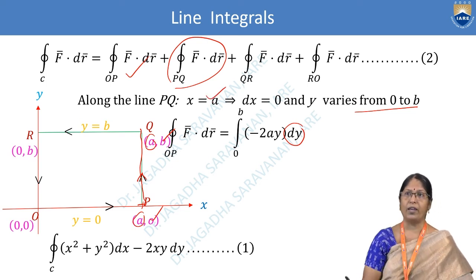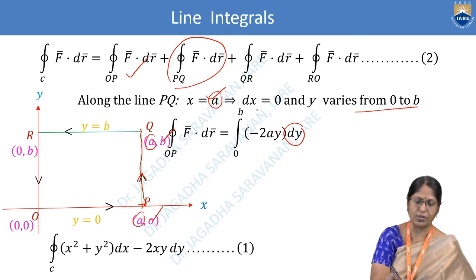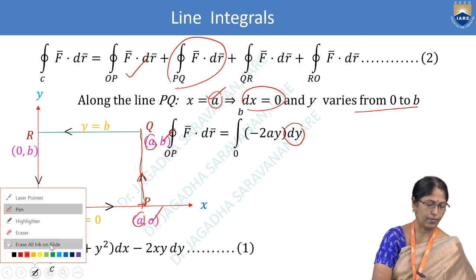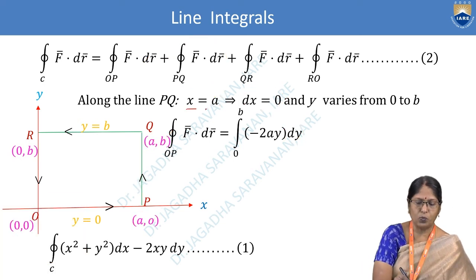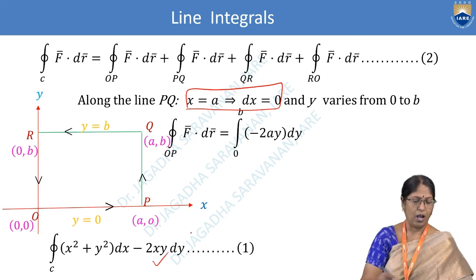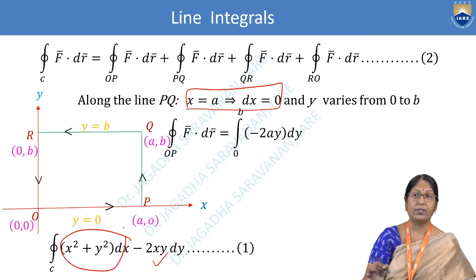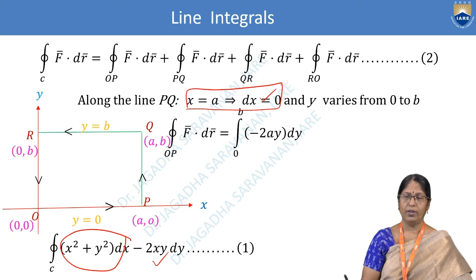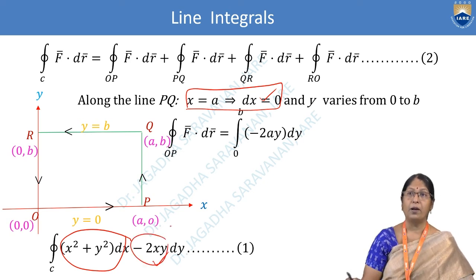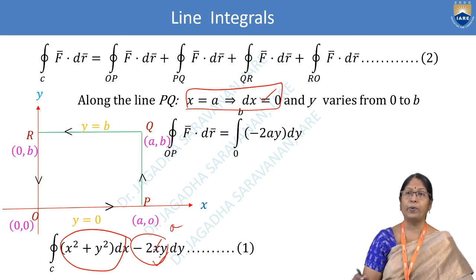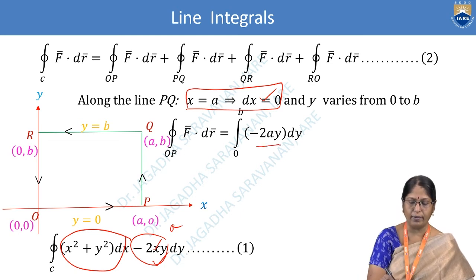If x equals a, we know the differentiation of a constant is 0. These values are to be substituted in our equation 1. According to that, this term is totally cancelled because dx equals 0. Here we substitute minus 2xy, where x takes the value a, so it becomes minus 2ay.